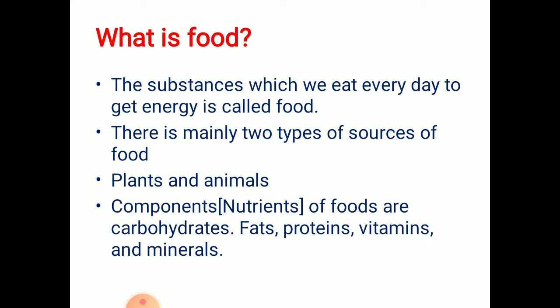From plants we get grain, and from animals we get milk. So grain is a plant product and milk is an animal product. In detail we will study in this chapter.